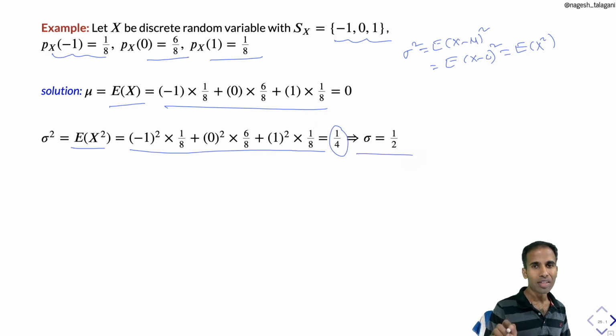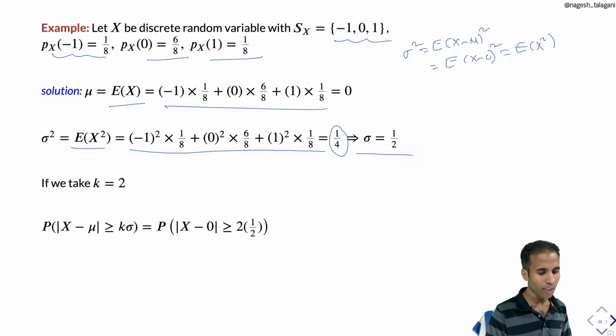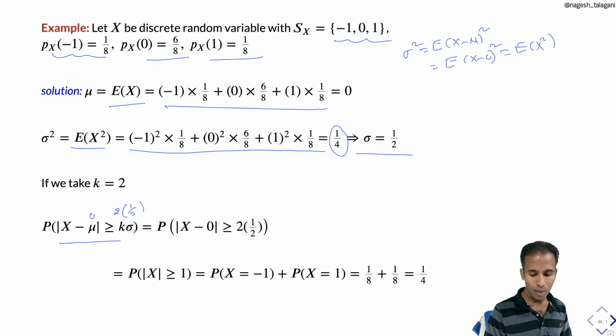Okay, let's take k equal to 2 and let us compute the probability of this event using the given PMF. Here the mean mu is 0, k we have taken 2 and sigma we got 1 by 2. It's going to be the probability of |X| greater than or equal to 1.